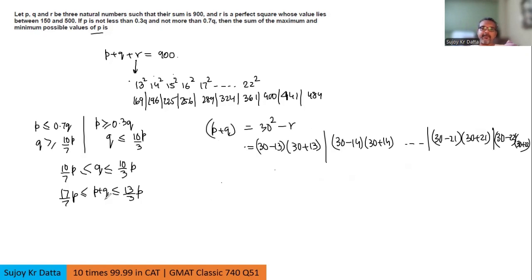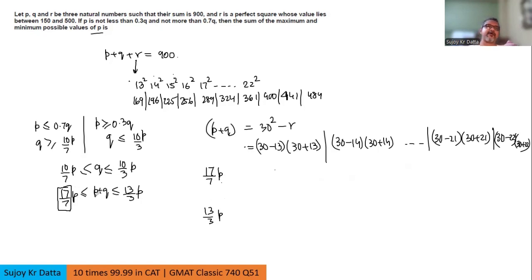So now we have to minimize P. To minimize P, we'll take the one with the largest coefficient. So we write 17 by 7 P on one side, and on the other side, we have 13 by 3 P. So 17 by 7 is basically 2 point something. So the coefficient is small.